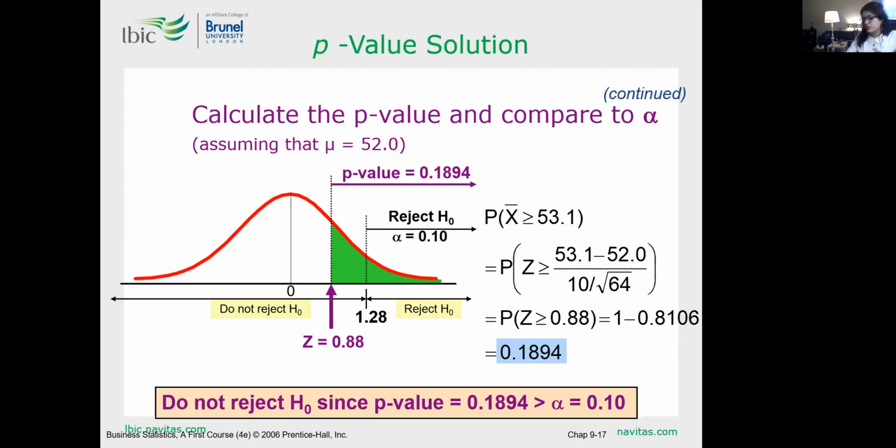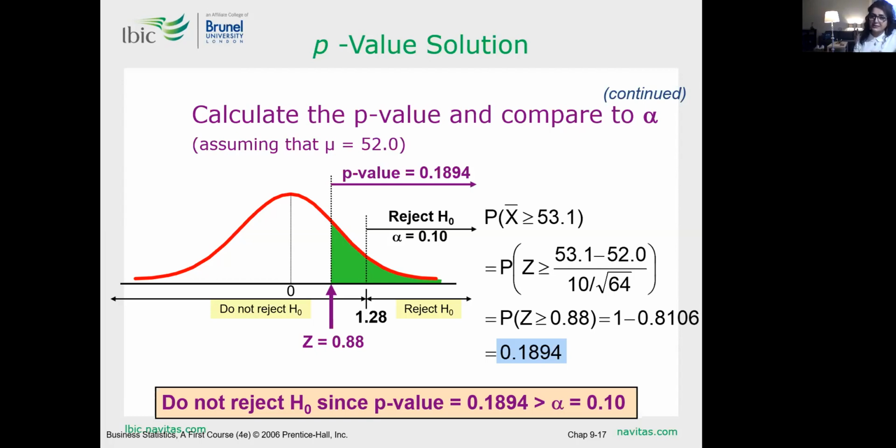Let me summarize: we test some problem, and we can conclude whether it is statistically significant or not based on the critical value and the z statistic, which is calculated from the sample mean and the standard deviation.